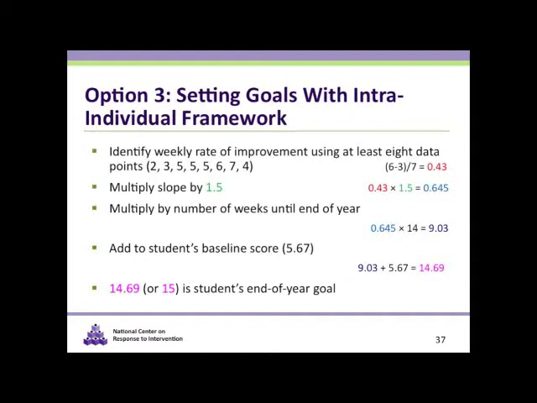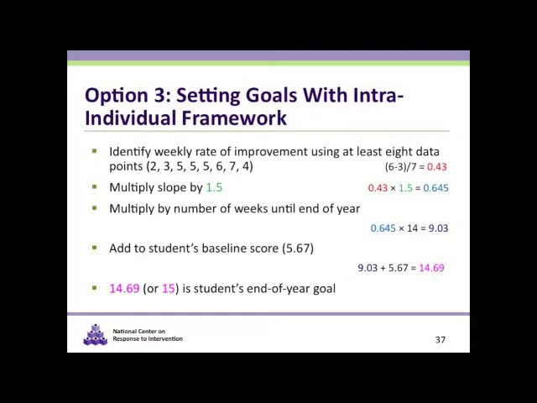The mean of the most recent 3 data points was 5.67. The sum of 9.03 and the average score is the end-of-year performance goal. 9.03 plus 5.667 equals 14.69. Thus, the student's goal would be 14.69, rounded to 15.